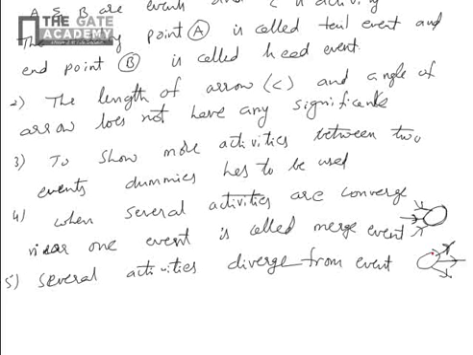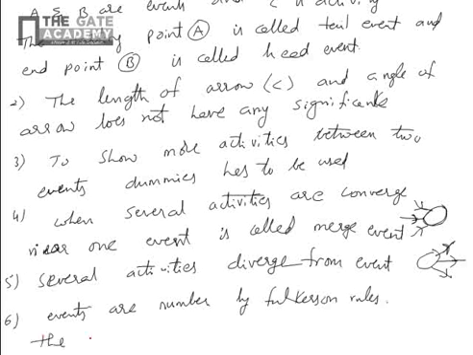Events are numbered by Fulkerson rule. The tail event number is always less than the head event number.